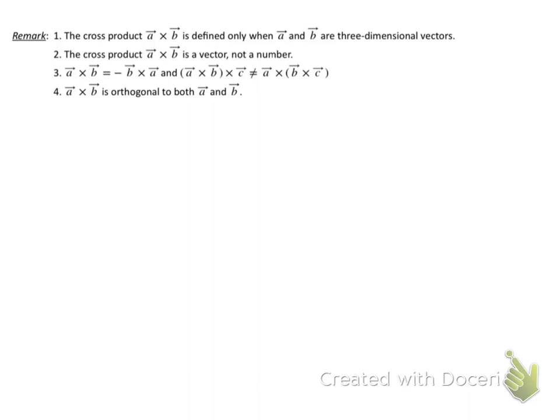Finally, from the right hand rule, the new vector that you get is perpendicular to the plane that has A and B. So it is actually perpendicular to both A and B. For example, what we just did was A equals 2, 1, -2, and B is 3, 2, 1.